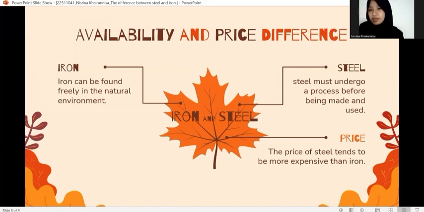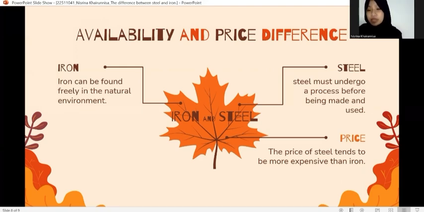In Indonesia, iron ore mines are found almost throughout the archipelago, but there are 4 large iron ore producing regions, namely Sumatra, Java, Kalimantan, and Sulawesi, whereas steel must undergo a process before being made and used.